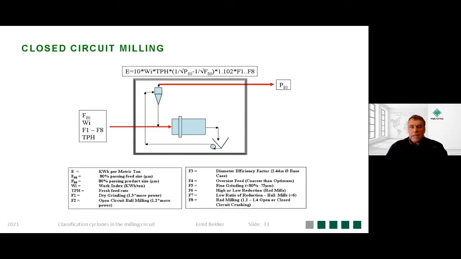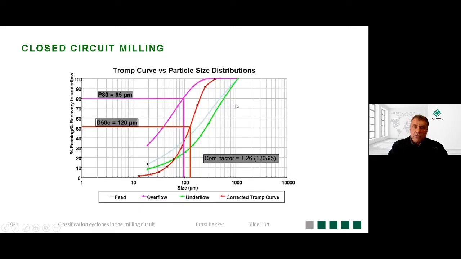Now, in this example, there is the P80 that's leaving through the overflow. And we need, as suppliers, that piece of information in order to start our selection with a mill cyclone. The P80, and on this curve, we've got the purple line, which is the overflow of the cyclone. The light blue line is the feed, and the green line is the underflow size distribution.